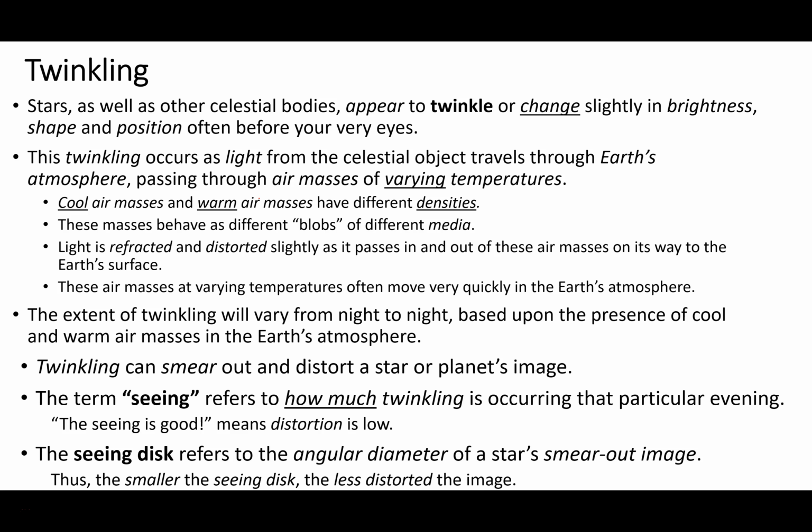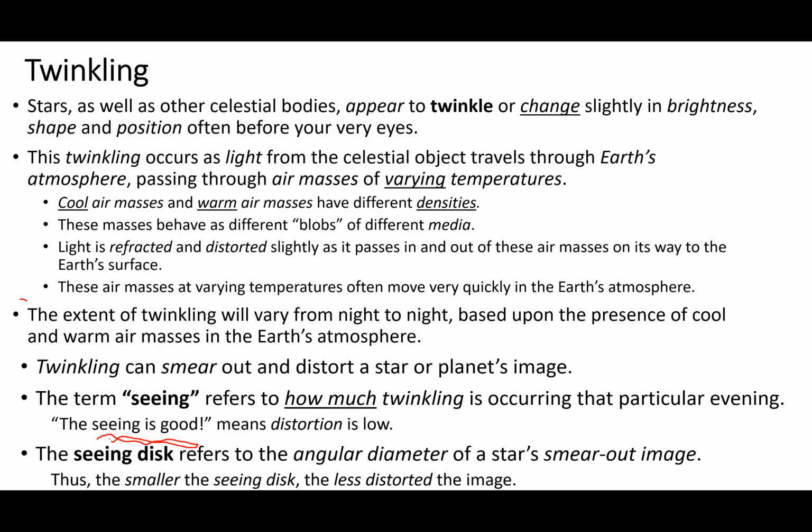As light passes through warm air, it passes differently than through cool air, so the light is bent, or refracted, as it changes temperatures. If somebody uses the term seeing and says the seeing is good, that means the skies are steady, and we don't have blobs of air alternating to give us a twinkling effect.